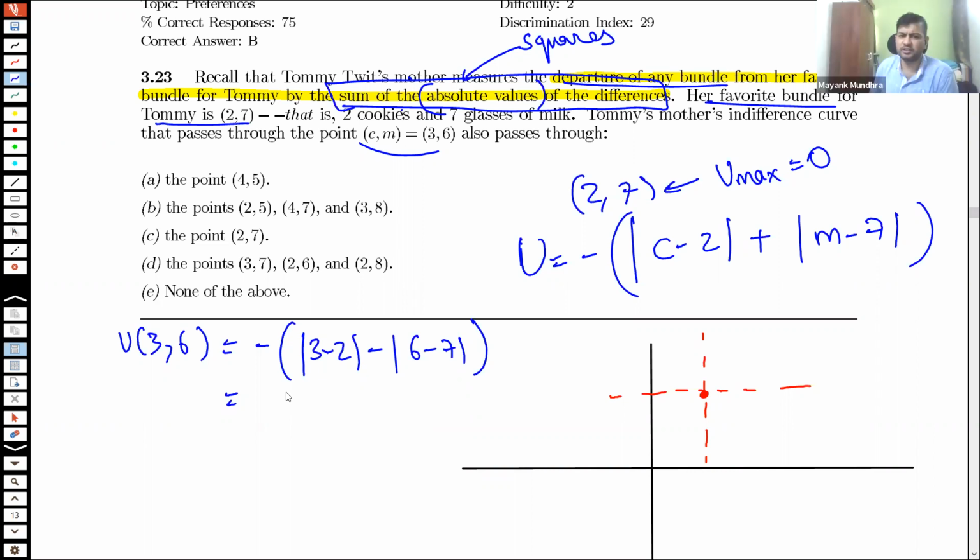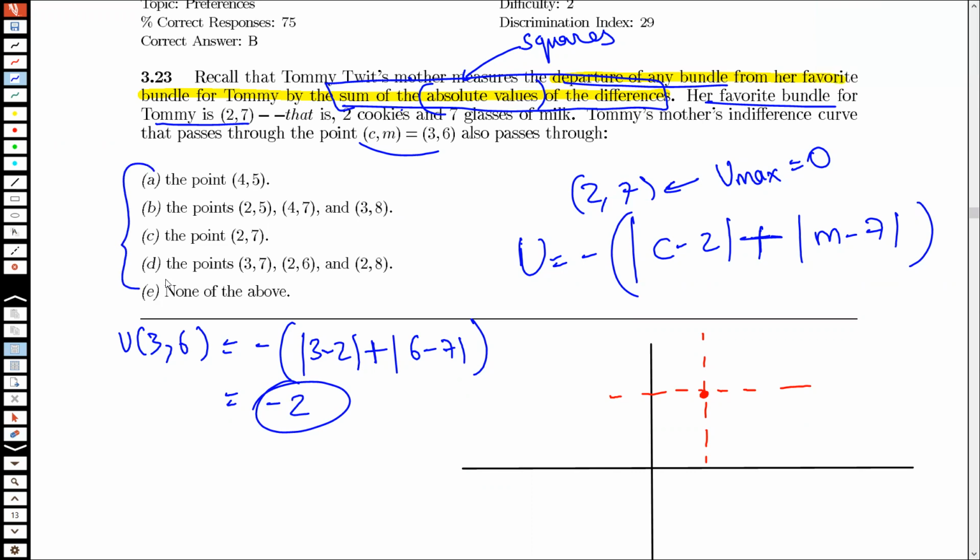What is mod of 3 minus 2? Oh no, sorry, I wrote minus. Sorry, my bad. I should have written plus. Tell me the value. Sorry, the function is plus. What will be the value? Sir, 2. Yeah, negative 2 actually. Minus of 2. Yes, sir. So right now you have minus of 2. Then just substitute these different points and check which of them is giving minus 2. So that will solve your answer. Okay. Yes, sir. So your doubt is done.